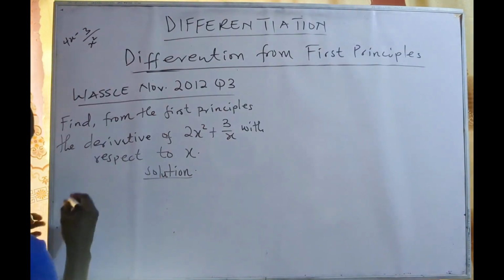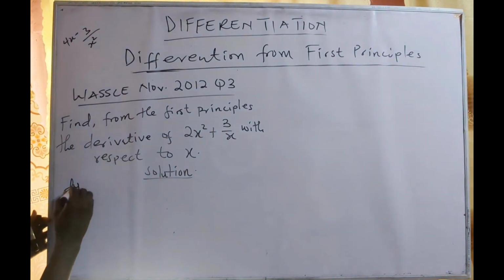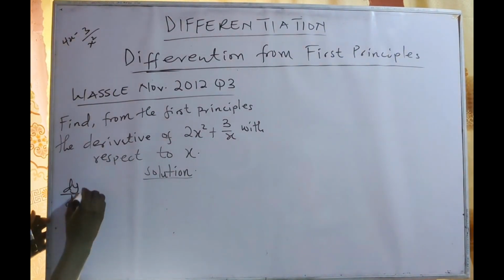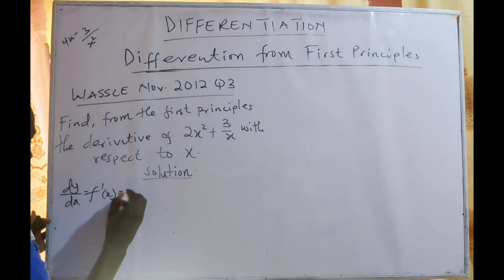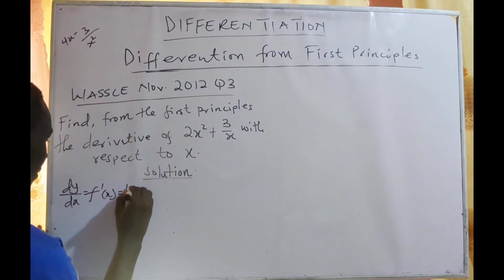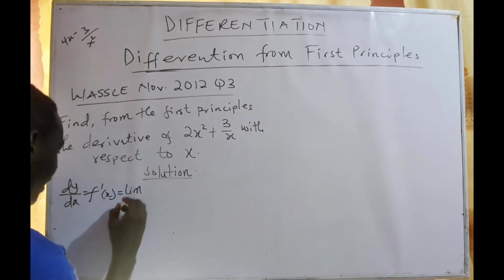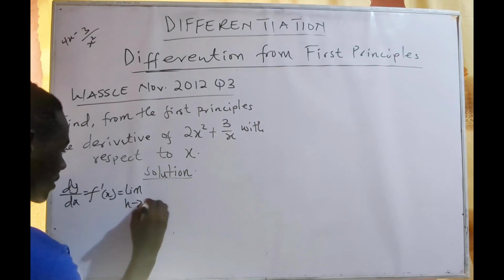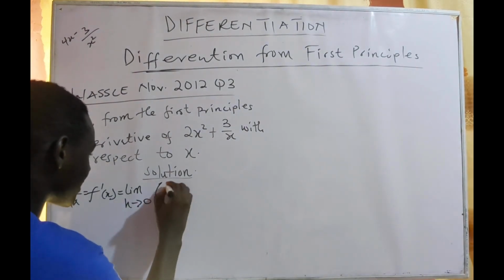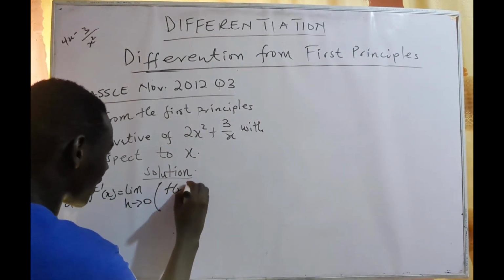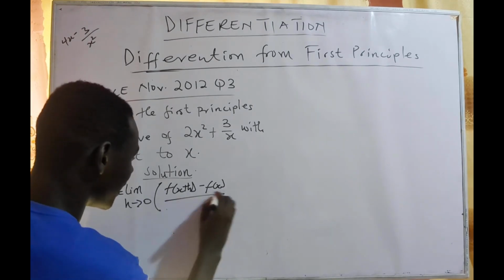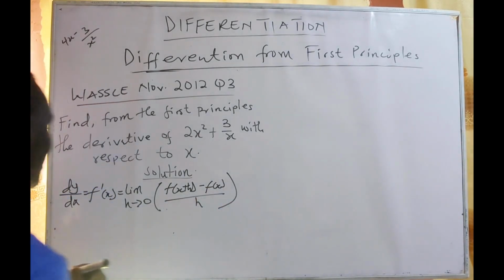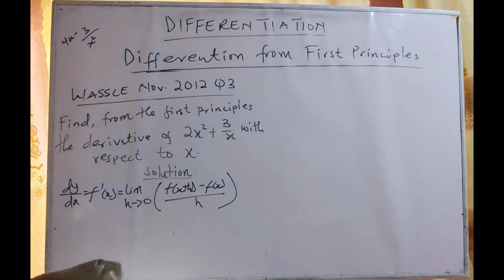So the formula for the first principle is dy dx, or f prime of x, is equal to limit as h approaches 0, in bracket f of x plus h minus f of x all over h. That's the formula for the first principle.